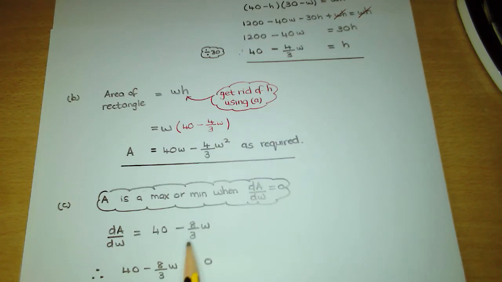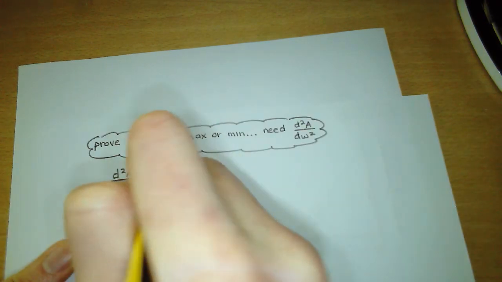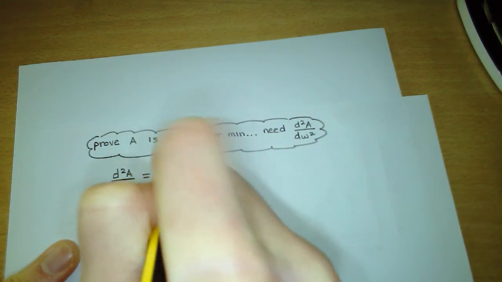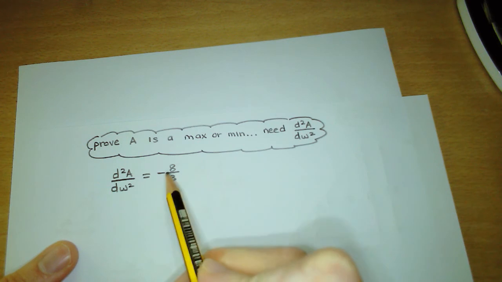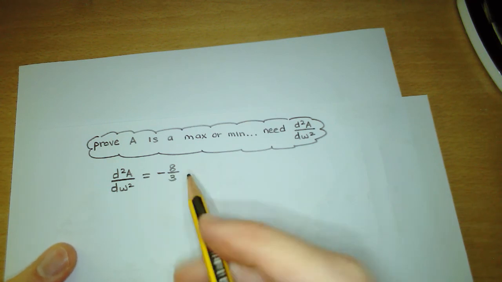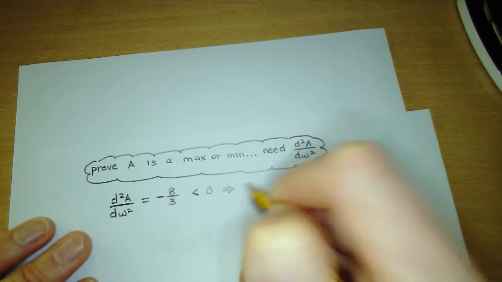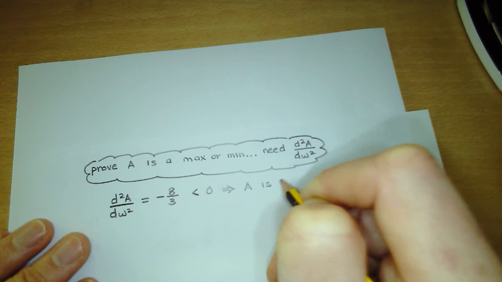So differentiate again with respect to W. So the 40 disappears because it's just a number term. Differentiate this term with respect to W. Because W only has a power of 1, it just disappears and you're left with its coefficient, minus 8/3. So the second derivative is just minus 8/3. So there's no W left to sub the critical value into. So straight away, second derivative is less than 0. So therefore, the subject variable A is a maximum.